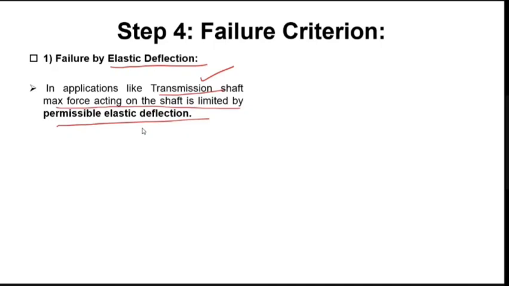So a number of shafts, three shafts, are used in the gearbox. What is the maximum force that the shaft will sustain? That is limited by the permissible elastic deflection. So you have to design the shaft based on the elastic deflection criteria, not any other criteria.